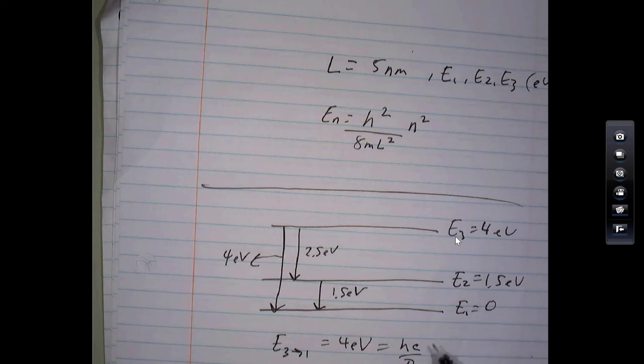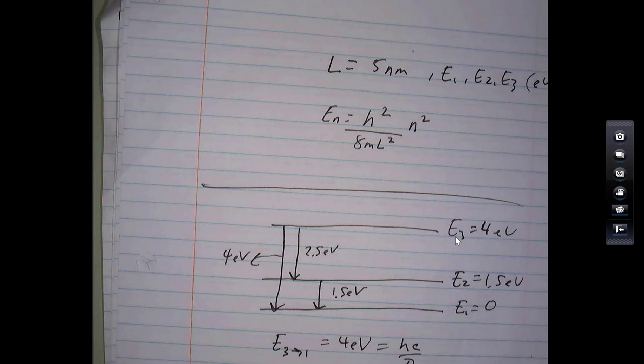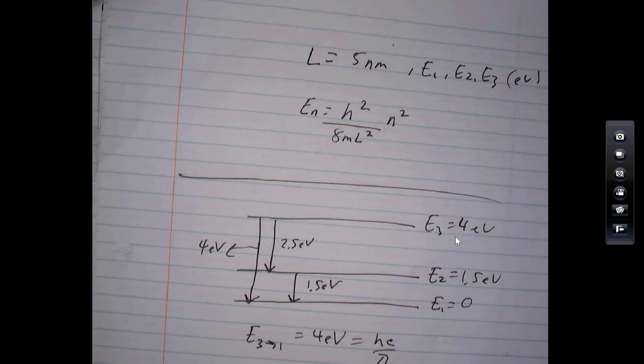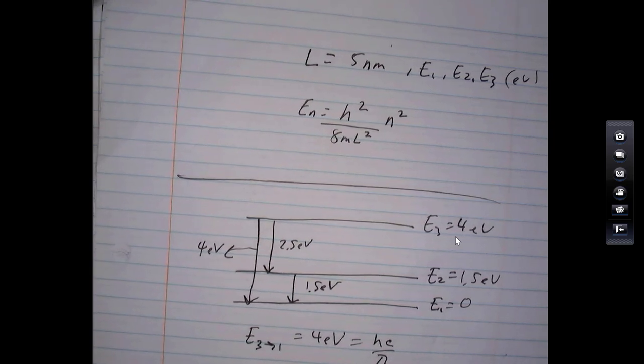Right, just do a little bit of algebra. Now if you use 1240 eV nanometers divided by 4 eV, this will tell you the wavelength of the emitted photon. Luckily the math is not too bad here. This would be 310 nanometers.